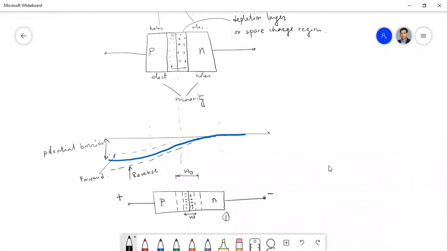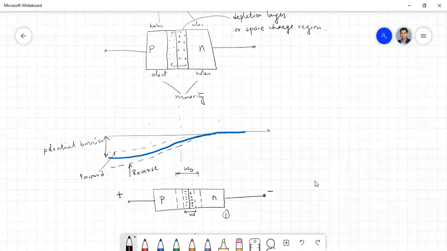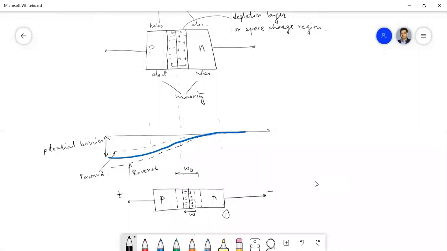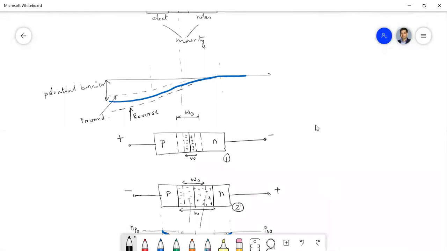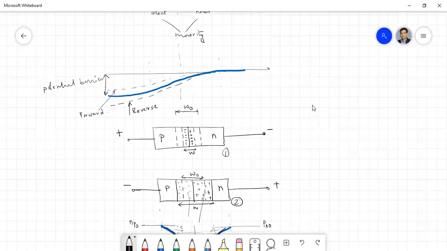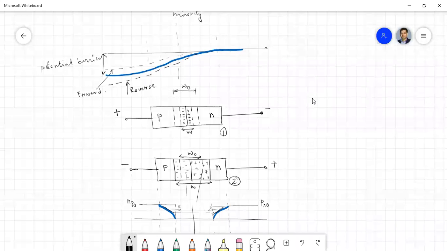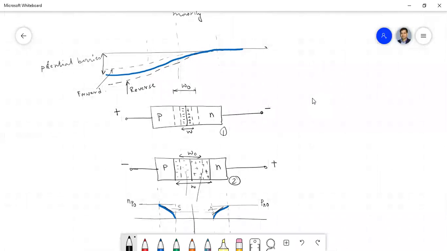Okay, now due to the space charge region, a potential barrier is created around the junction. In forward bias, the height of this potential barrier is reduced, and in reverse bias, the height of the potential barrier is increased. In reverse bias, there is only the current due to the reverse saturation current or the leakage current or the minority carrier current.